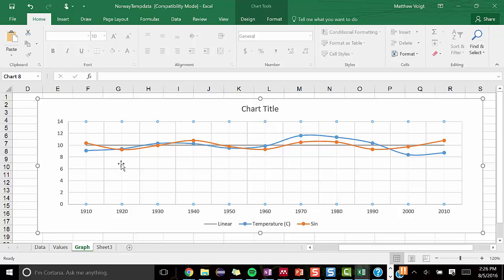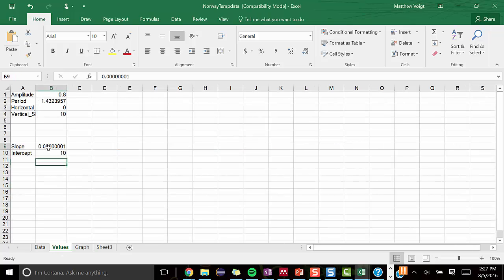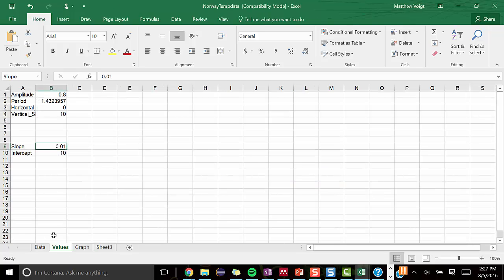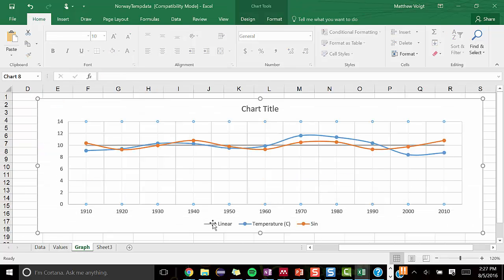But the linear is giving the general progression, so maybe I could change this to be, it's sloping up a little. Okay, so we want to go just a little bit less for our slope. So maybe the linear is.